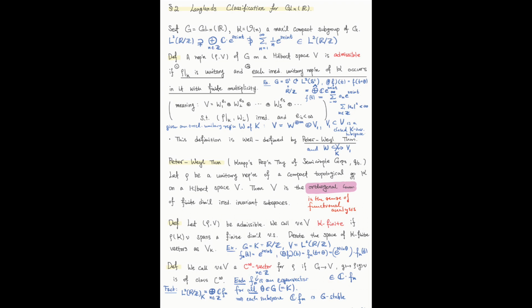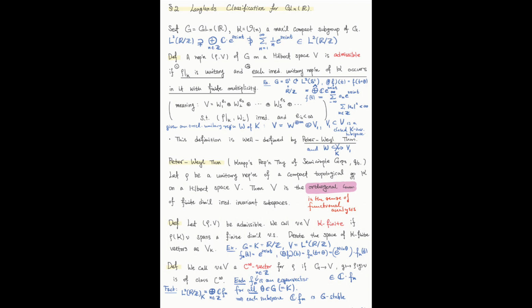Maybe I call this V1 instead of V prime, where V1 in V is a closed K-invariant subspace, and the representation W does not occur in V1.